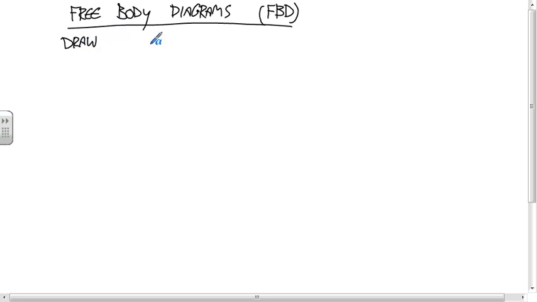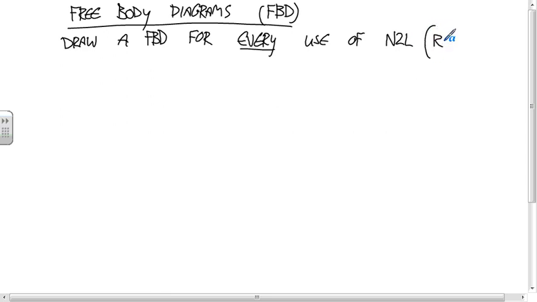Anytime you use Newton's second law, you need to draw a free body diagram for every use of Newton's second law, and the rotational equation too, that we're going to get to in not too long.